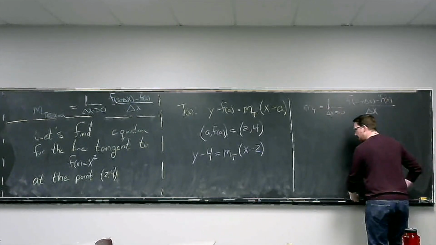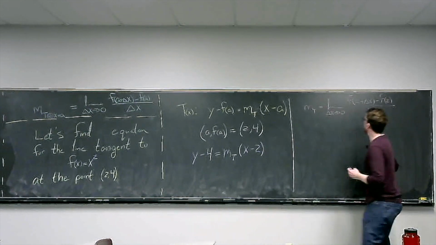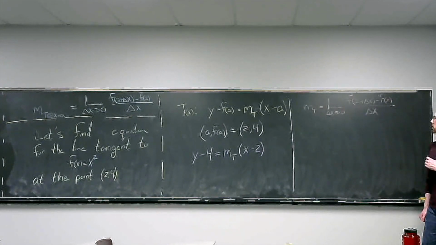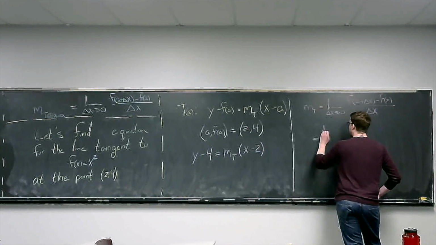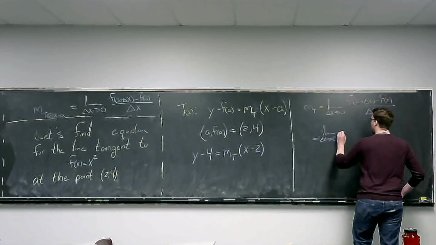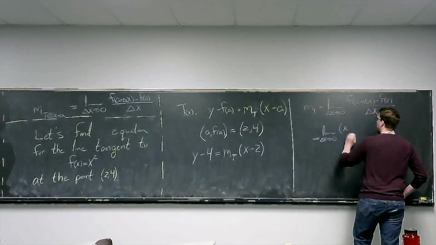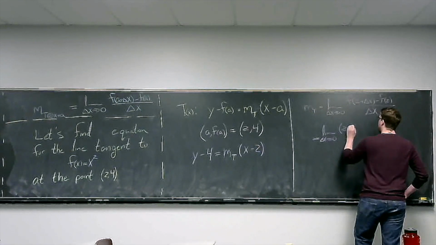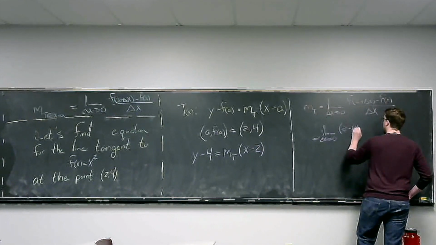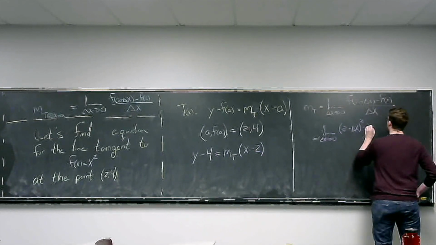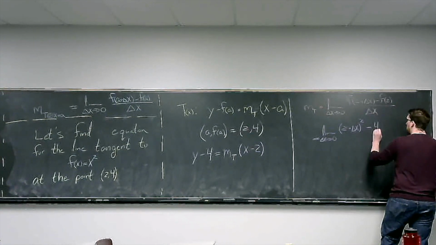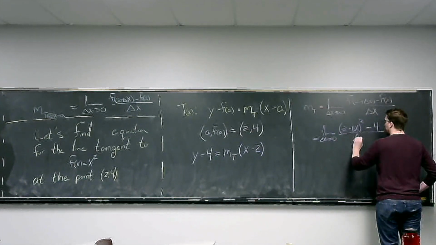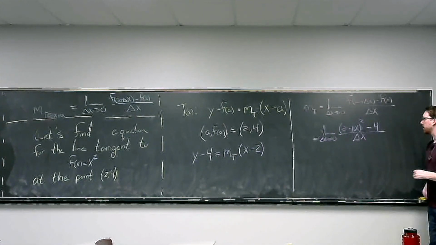Well, we know that f of x is equal to x squared. So this all comes out to be the limit as delta x goes to 0 of 2 plus delta x, that quantity squared, minus, well, we know f of 2 is equal to 4, and all that divided by delta x.